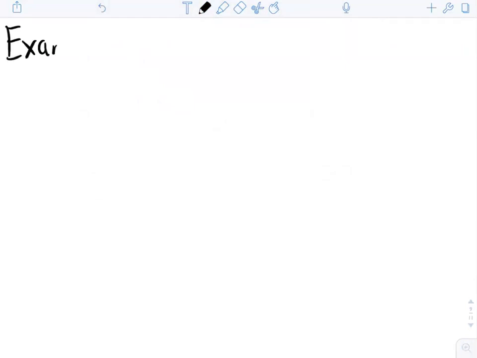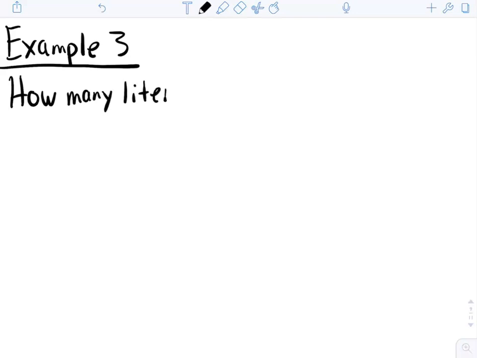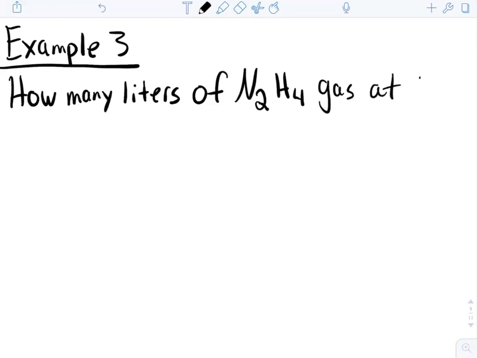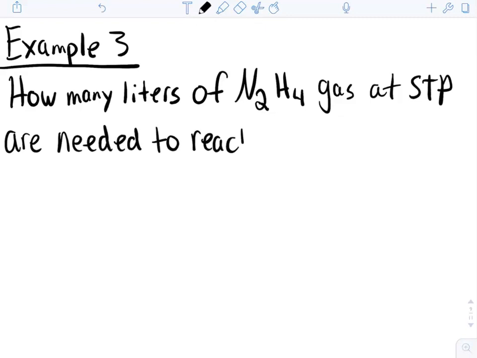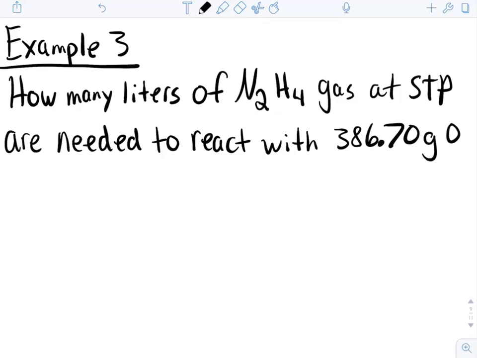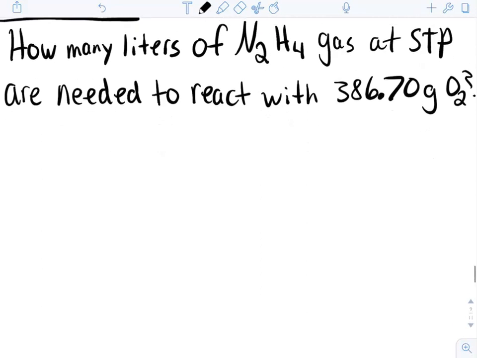So this is example number 3, and it is how many liters of N2H4 gas at STP are needed to react with 386.70 grams of O2. Okay, and then I'm going to give you the equation for this one.